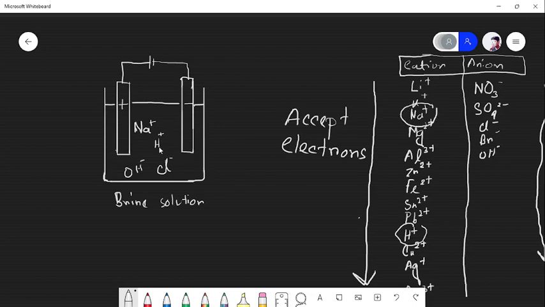For cations, and this is the cathode, it attracts the cation and is negatively charged. So hydrogen will go first to the cathode, it will receive an electron and leave the cell as hydrogen gas.